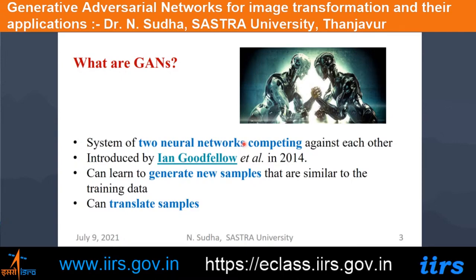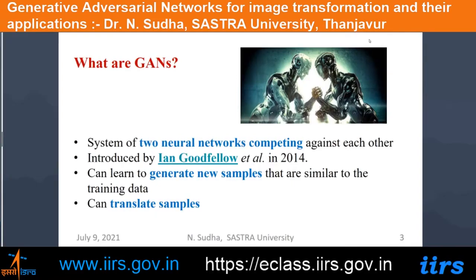Generative means it will generate images. Convolutional and recurrent neural networks are single networks and are not useful for generating images. They are mainly useful for classification, but generative adversarial networks are useful for generating images.